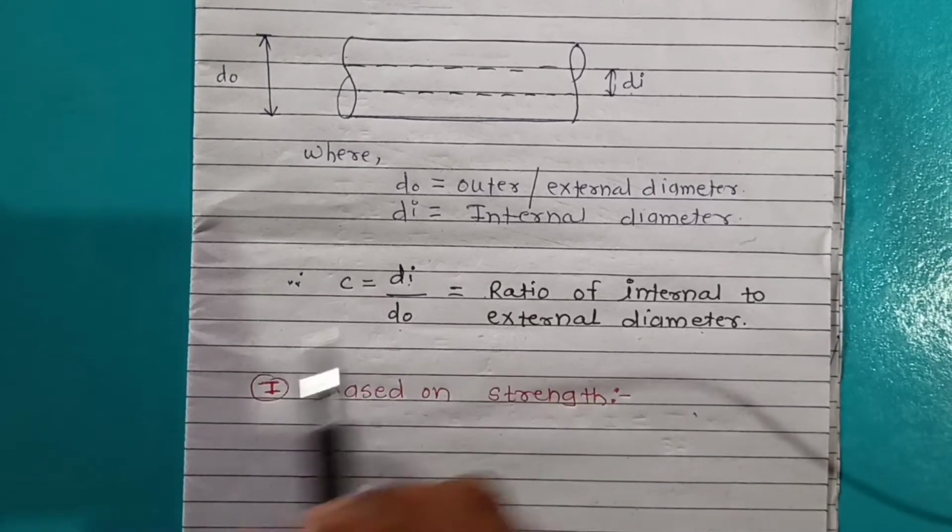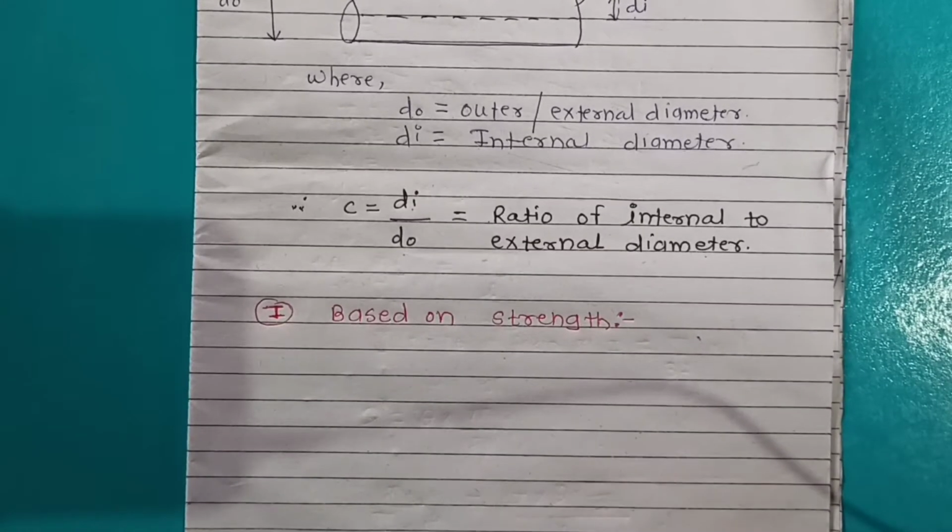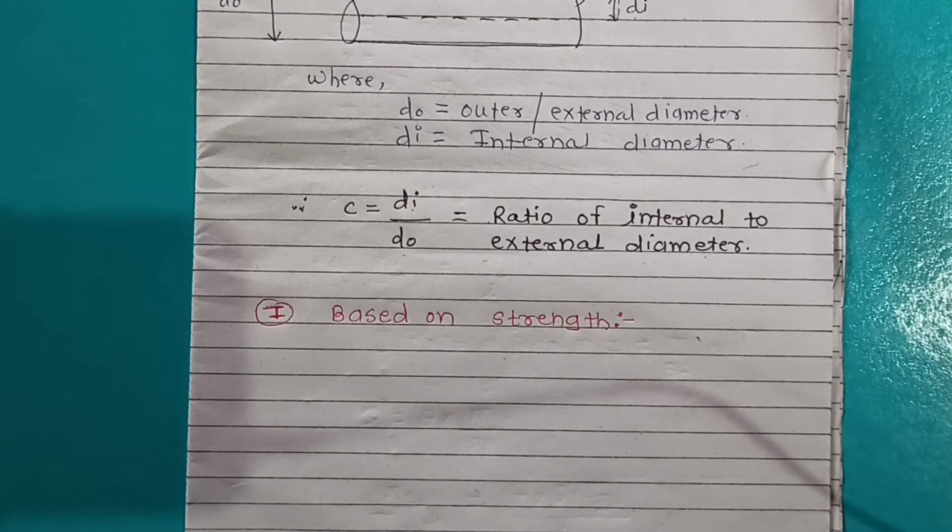Now here the design procedure for hollow shaft will start, based on strength. In strength, the design procedure of hollow shaft is again divided into 3 points.